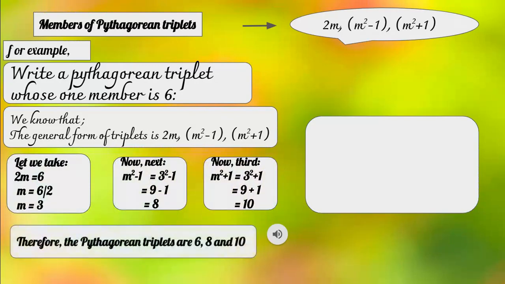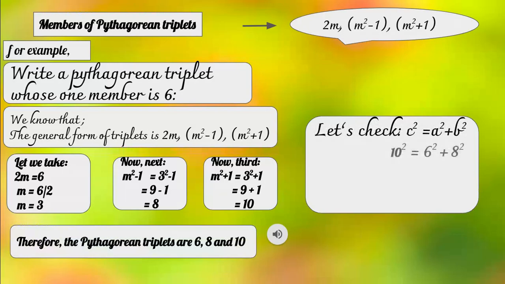Now we have to check whether the answer is right or not. How could we check? We can use the Pythagoras theorem. What is the theorem? Hypotenuse square is equal to the sum of the squares of the other two sides. The hypotenuse is the longest side, so here the biggest number is 10.